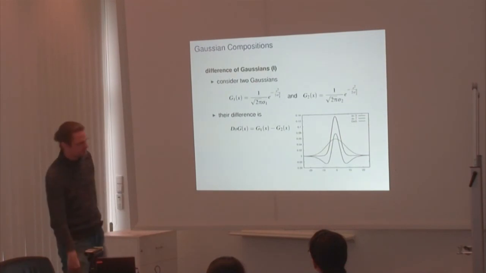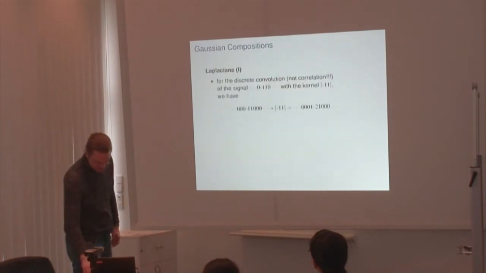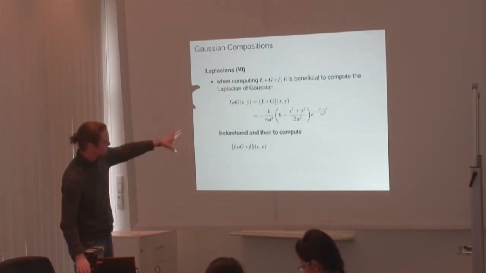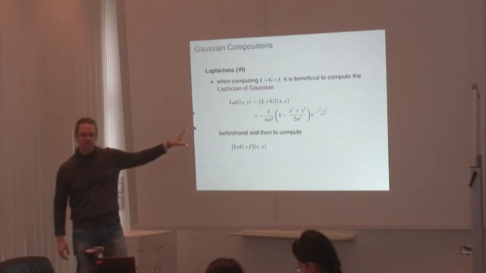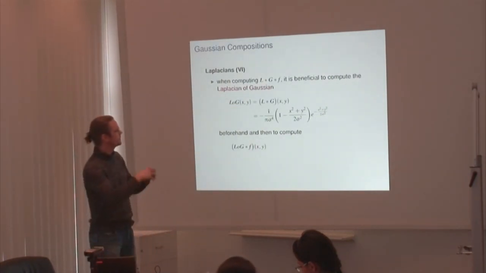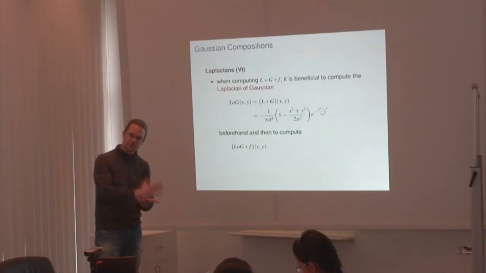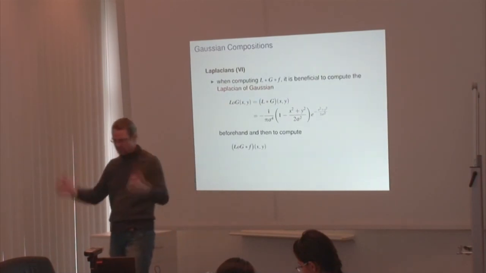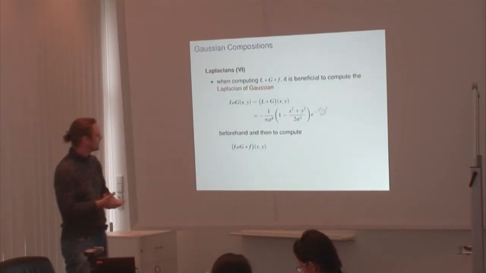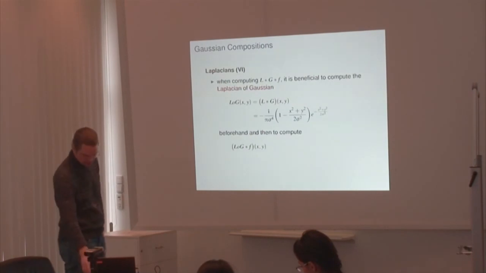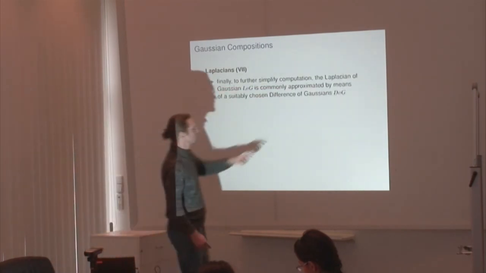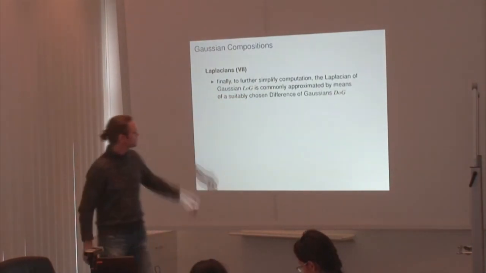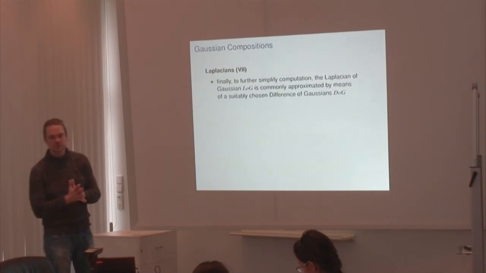And that is to say that people, instead of using this, which is theoretically well founded, because we say, okay, we are interested in edge detection, but we have to smooth first, and instead of smoothing first we convolve with a smooth edge detector, often just use this, because if you plot it, this difference of Gaussians looks very much like a Laplacian of Gaussians.